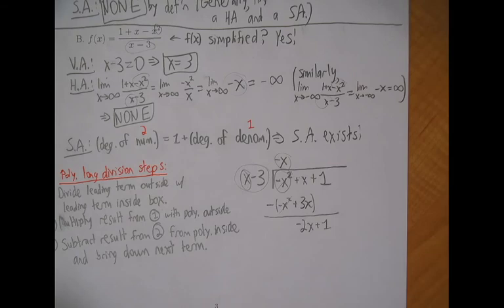Now step 4 says we just have to repeat these steps until a certain condition happens.